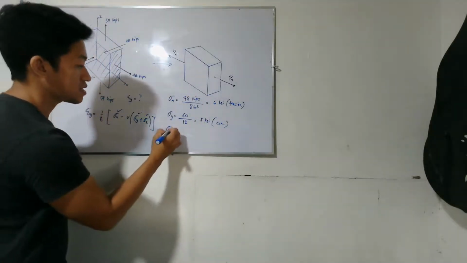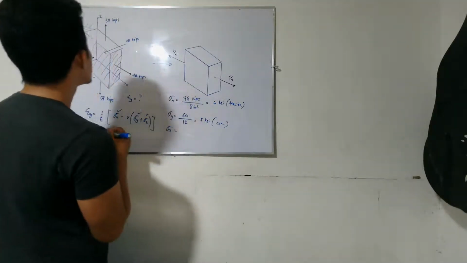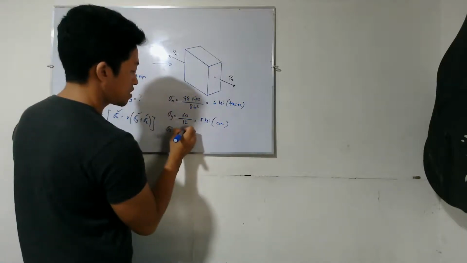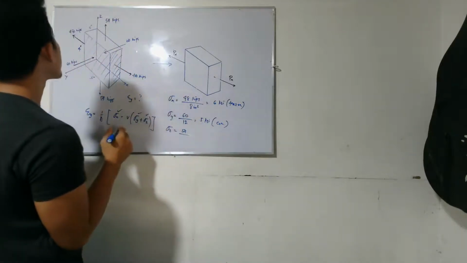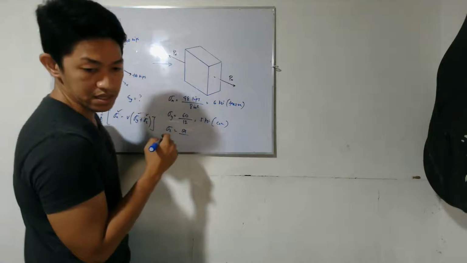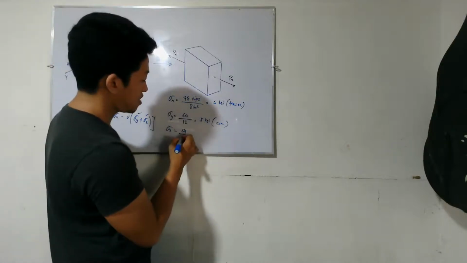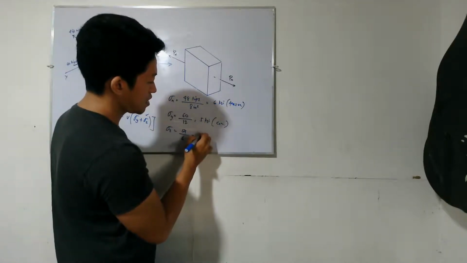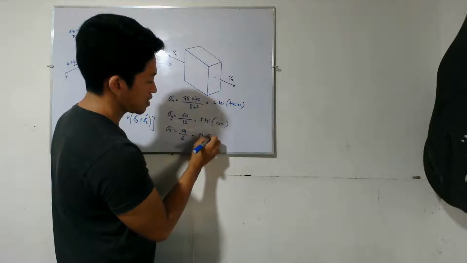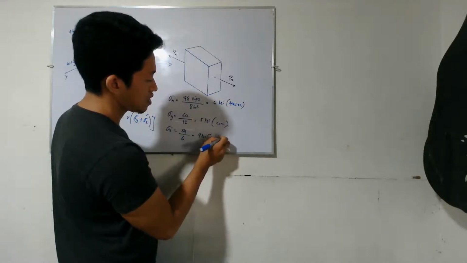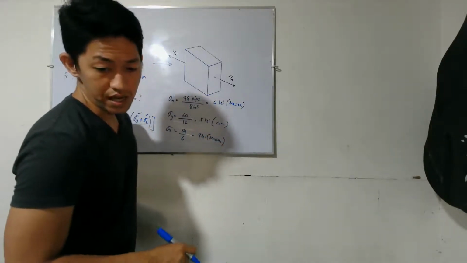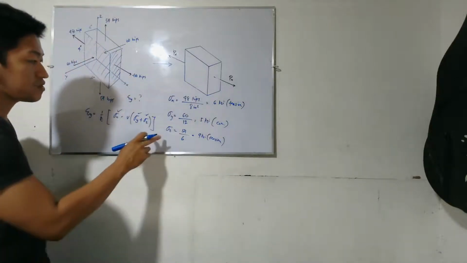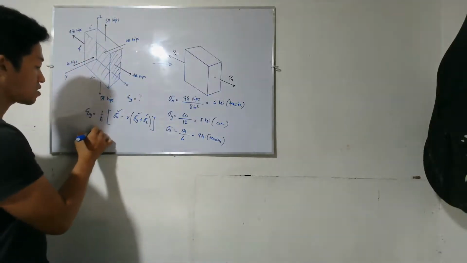And then sigma Z is 54 kips, area is 2 times 3, 6. So this is 9 KSI tension. And then we substitute that there.